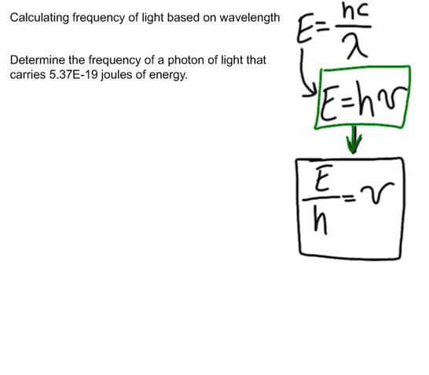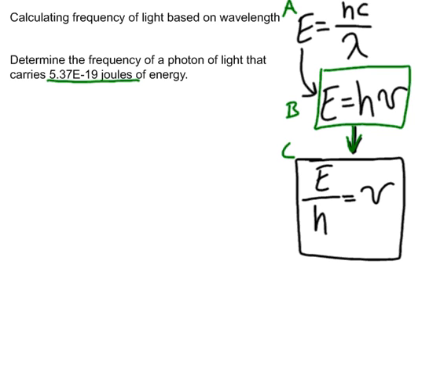In the next problem, we're actually going to start up at step A, this B, C, or B and C. Right now, we're just going from B to C. Okay, so this will just be the calculation of a frequency once we have the energy, which is given in the problem right here. The next problem we do, we're actually going to start with a wavelength, and then calculate the energy, and then from that calculate the frequency.